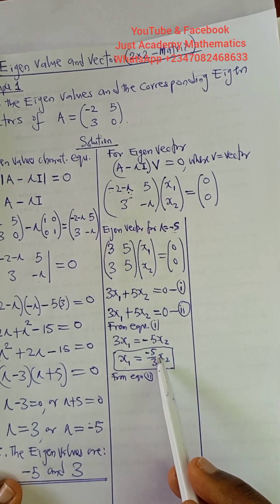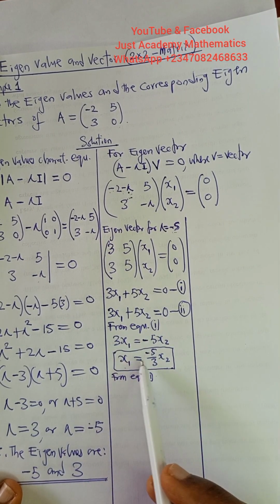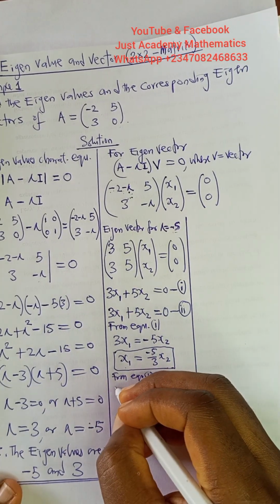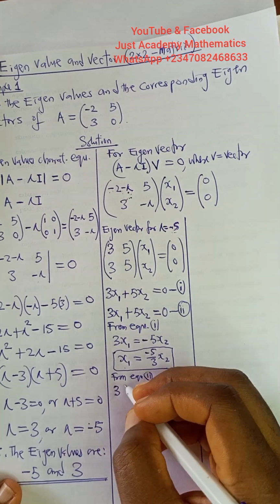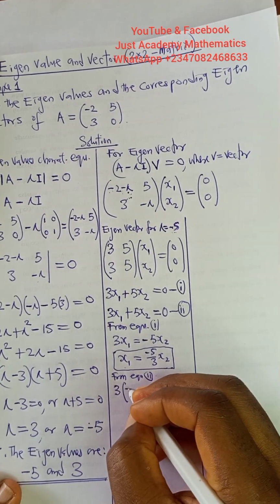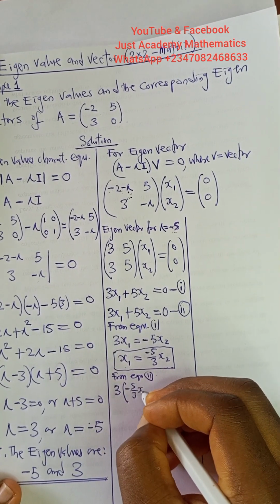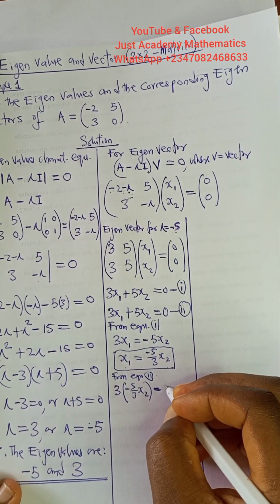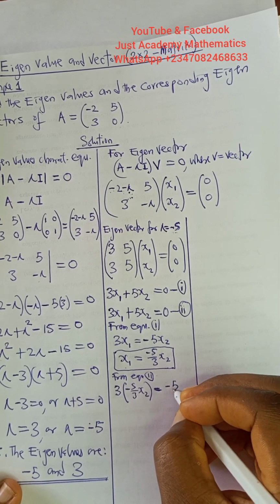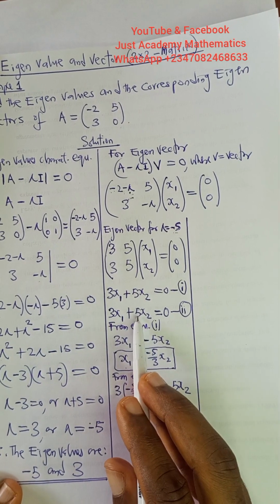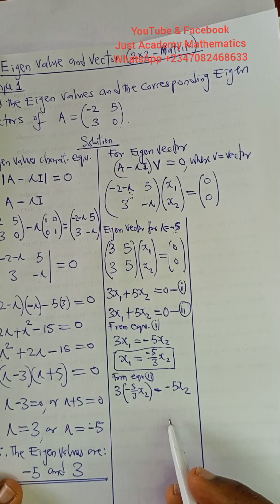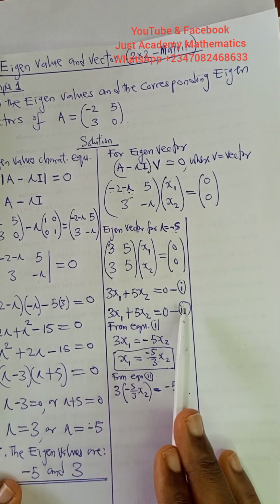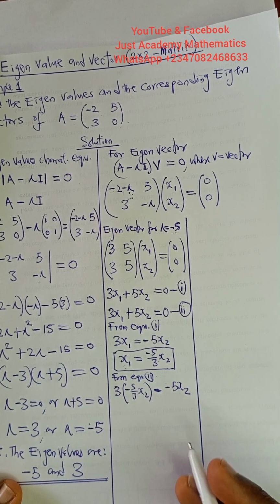In equation 2, anywhere you see x1, you replace it with the whole of this, so that we can find x2. So in equation 2, in the place of 3x1, I will replace with -5 over 3 x2, plus 5x2 equals to what? By the time you bring this one here, you get 5x2. You put this x1 here in equation 2, and you get what I'm saying?